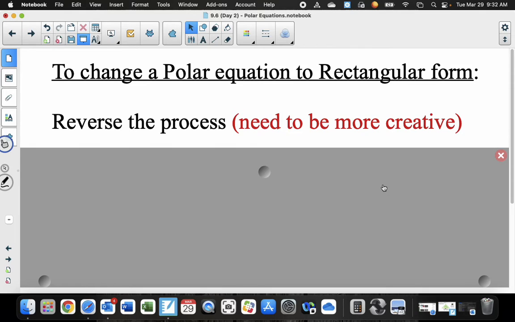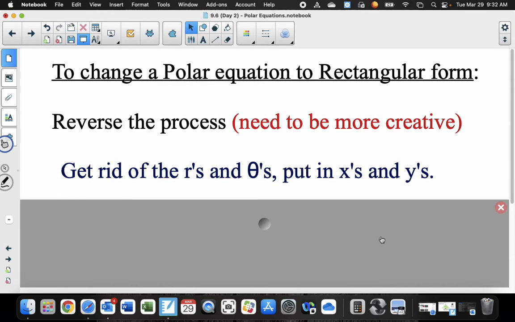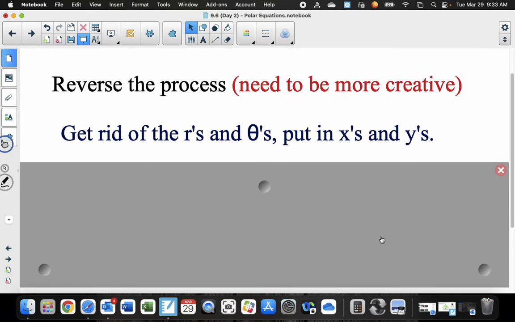It's not as straightforward, and that's what makes this version more difficult. When I say reverse the process, I mean we need to get rid of the r's and the thetas and get back to the x's and the y's. Even though it sounds straightforward, that's the part that's not as straightforward when you do it in the opposite direction.